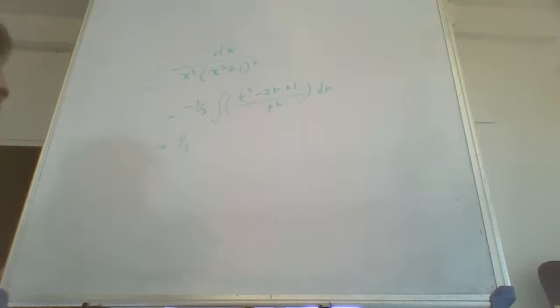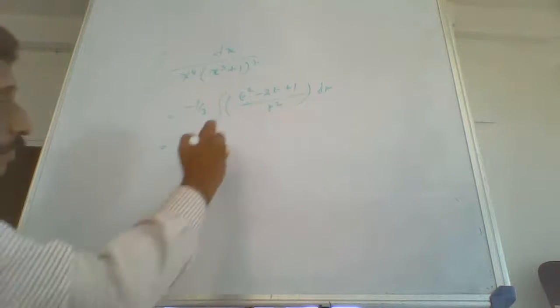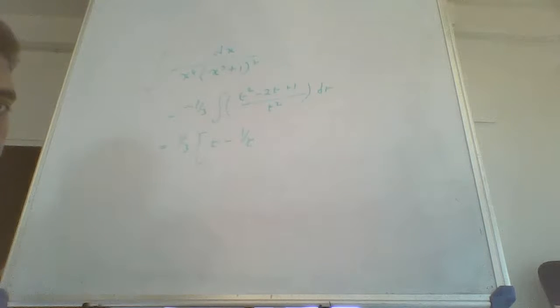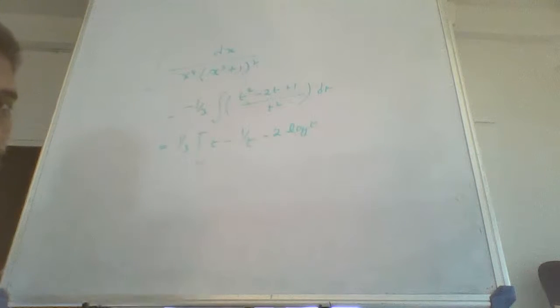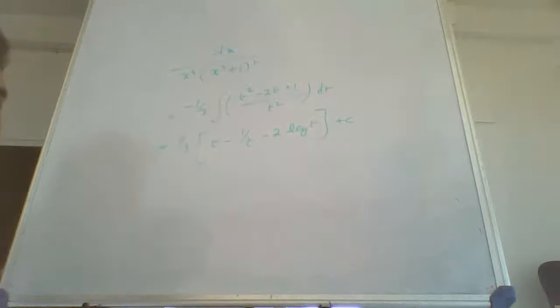Now integration of this would be t alone minus 1 by t minus 2 log t, close the brackets, plus c. Now t we have taken as 1 plus 1 by x cube.